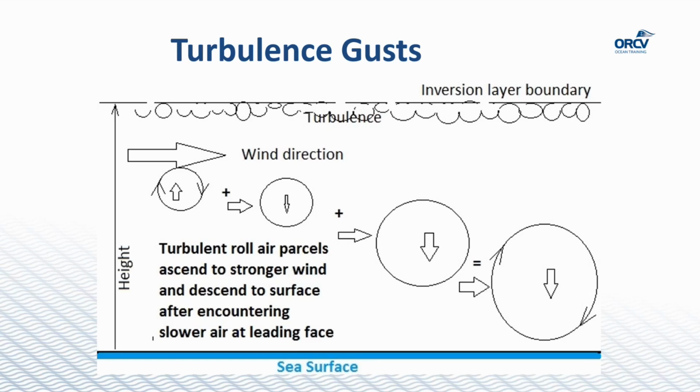And the diagram here shows how the top of the roll of the cloud is moving in one direction, the bottom of the roll is in reverse.